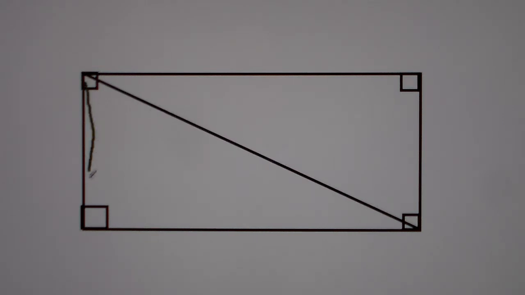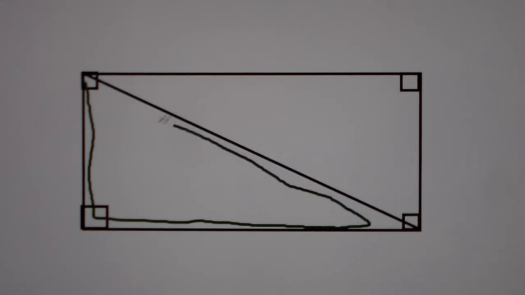We also know with rectangles that if you take the diagonal, or make a line from one corner to the opposite corner, it creates two triangles. This green triangle here and this red triangle.